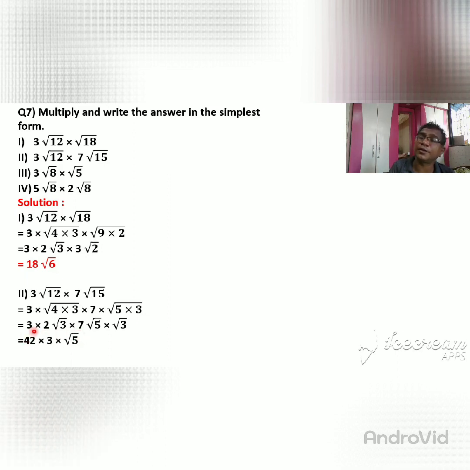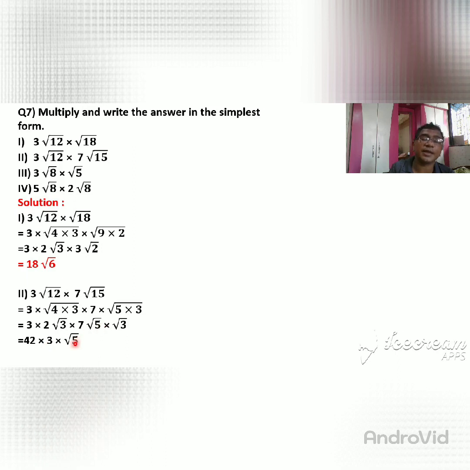Do you understand how I get 42? If you don't understand, I will explain again. 3 times 2 is 6, 6 times 7 is 42. So here I write 42 into root 3 into root 3. This root 3 into this root 3, what do you get? 3.